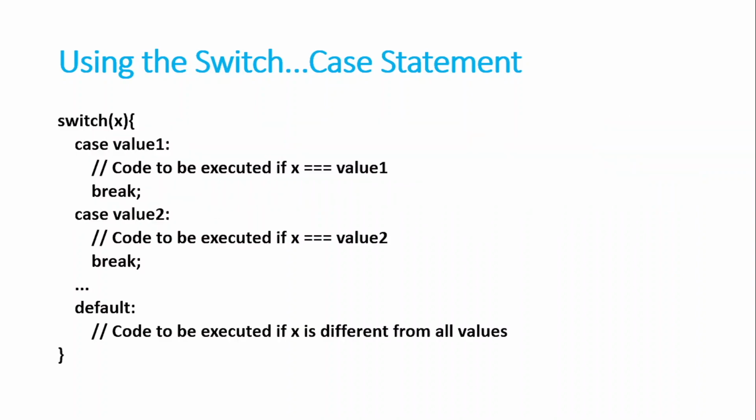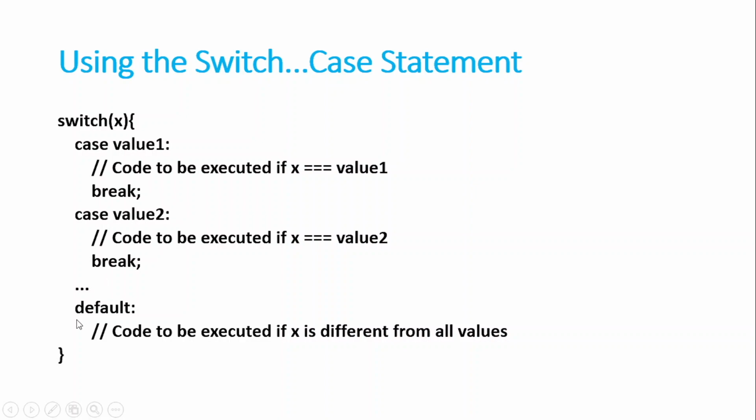You can see its syntax, it looks like this. We have this switch keyword. Inside the brackets we just write the variable name. It can be any variable that we want to check, and we want to check its value against different values in the cases. After that we have the curly brackets.